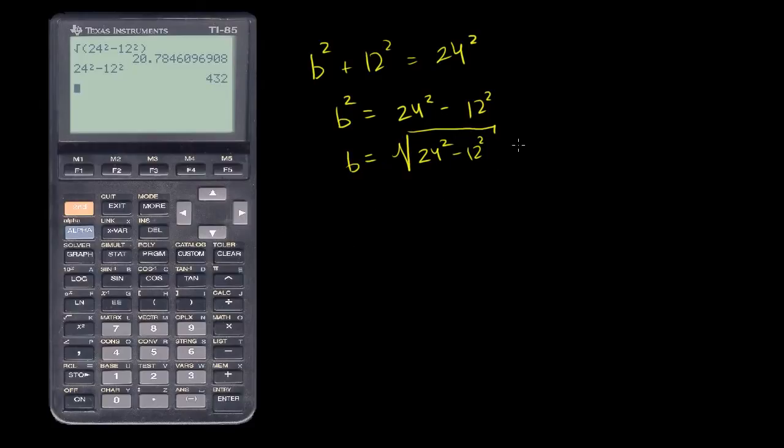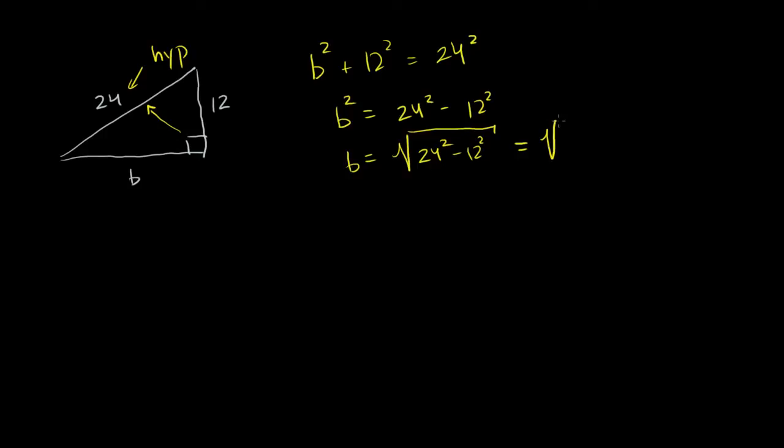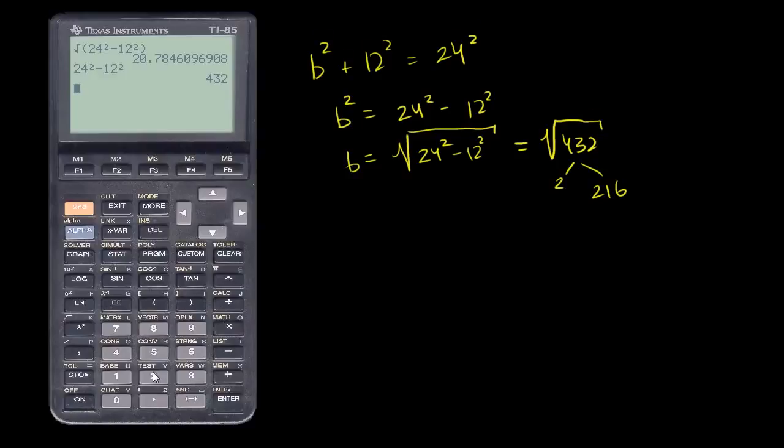So b is equal to the square root of 432. And let's factor this again. We saw what the answer is, but maybe we can write it in kind of a simplified radical form. So this is 2 times 216. 216, I believe, is a perfect square. Let me take the square root of 216.